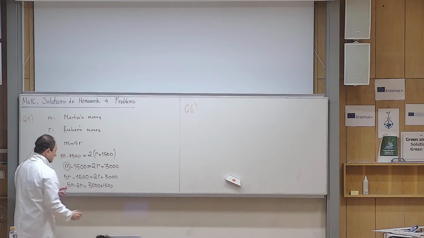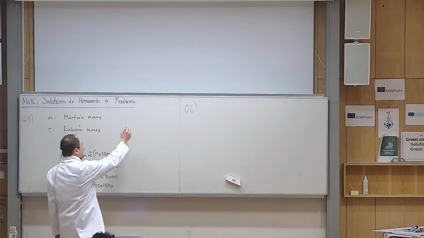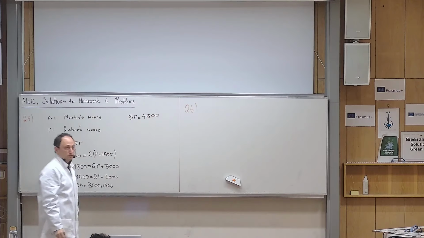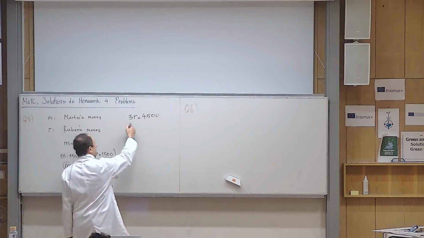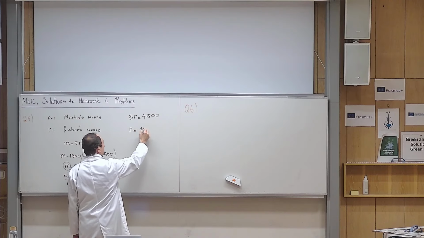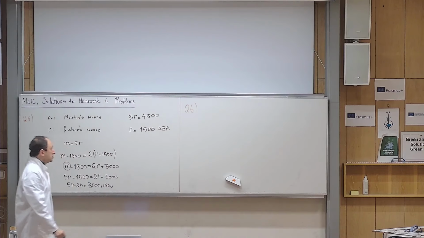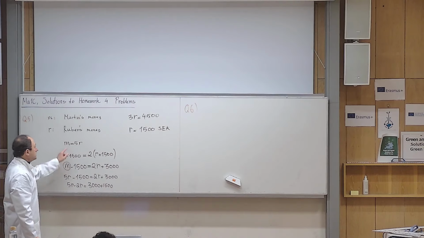Okay, but this is very simple now. What is this number? Just 3R. The right-hand side is 4,500. And then I have to isolate R, so R becomes 1,500 crowns.